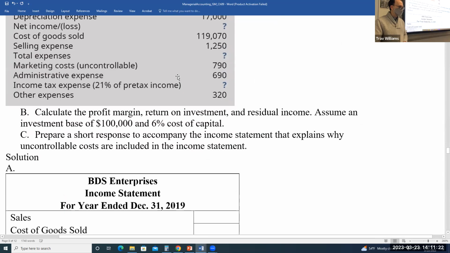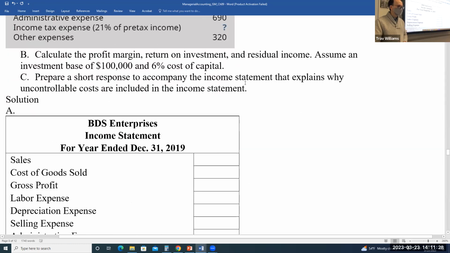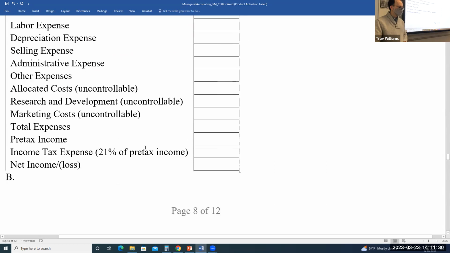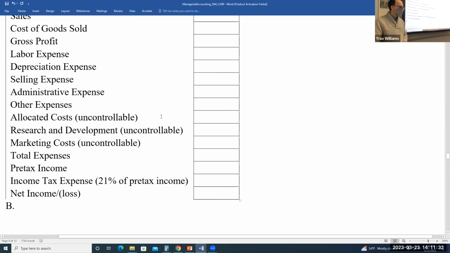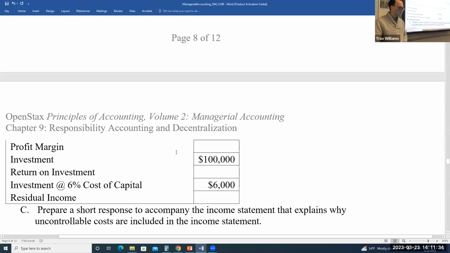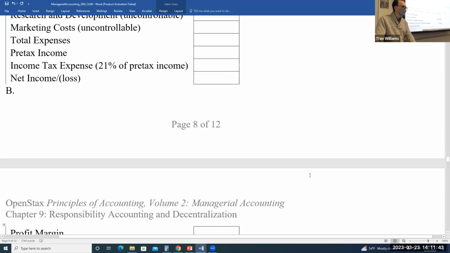And we're going to make an income statement. As part of the process, we're going to figure out our profit margin percentage, our ROI, and our residual income as well.